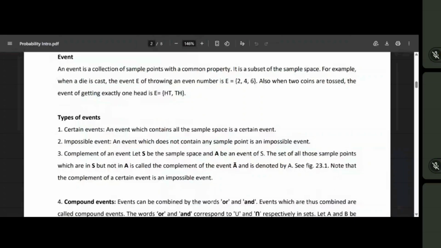Types of events. You have certain events. An event which contains all the sample space is a certain event. For instance, in the tossing of a coin, we are saying what is the probability of getting a head or a tail.